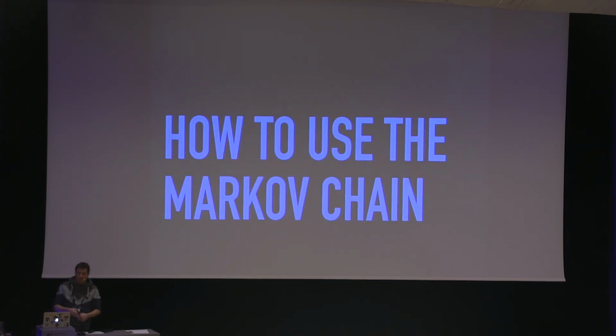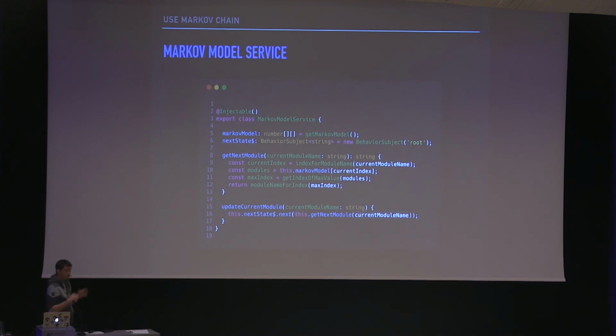So, a little bit of code. What I want to say to you is machine learning is not difficult because we have our two-dimensional array. We fill this two-dimensional array in some way with the probabilities to get from one module to another. That's the two-dimensional table I showed you just a few slides before.